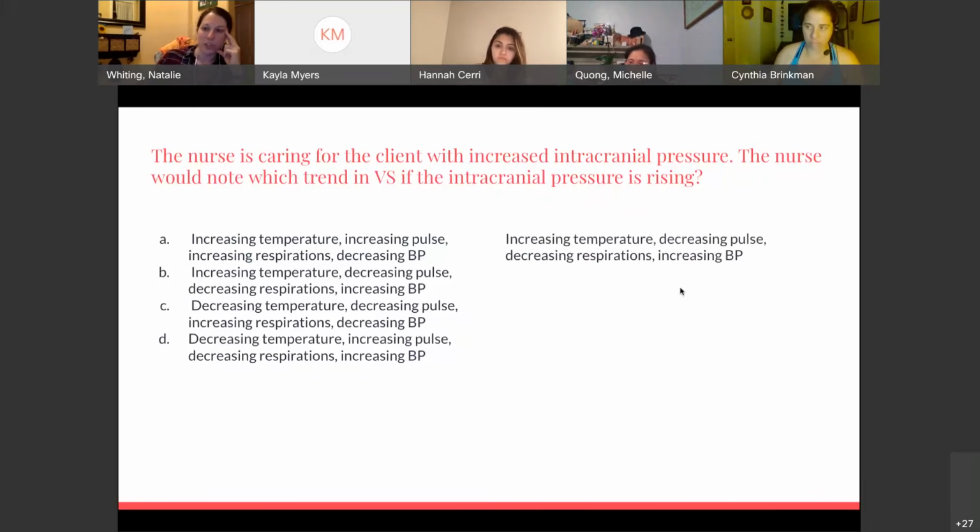So yes, Cushing's triad is what you want to remember. They're going to have a decreasing pulse, decreasing respiration, and the blood pressure is going to be increasing. So whoever said, I know increasing blood pressure, good job. And then the other components are just remembered with Cushing's triad. And that'll be hammered into you, don't worry.